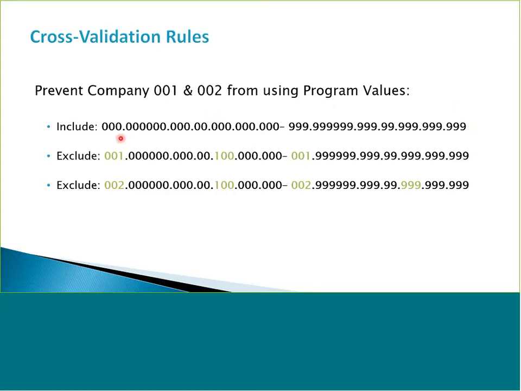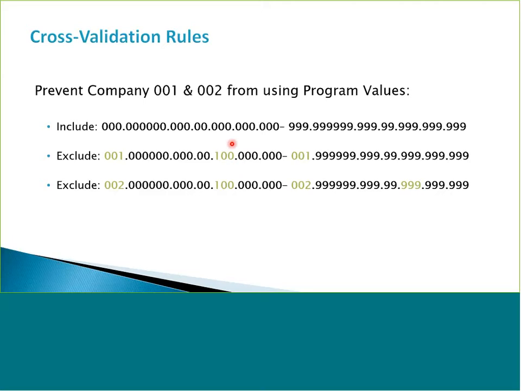So what does the first exclusion range define? It prevents company 1, so 01 to 01, from using any account combination that has a value in the program segment.